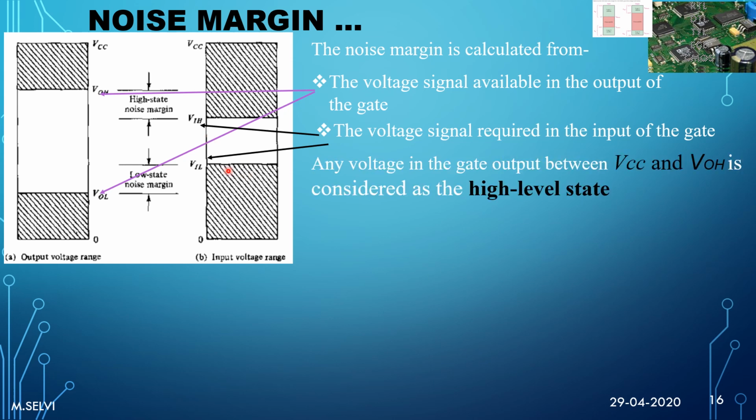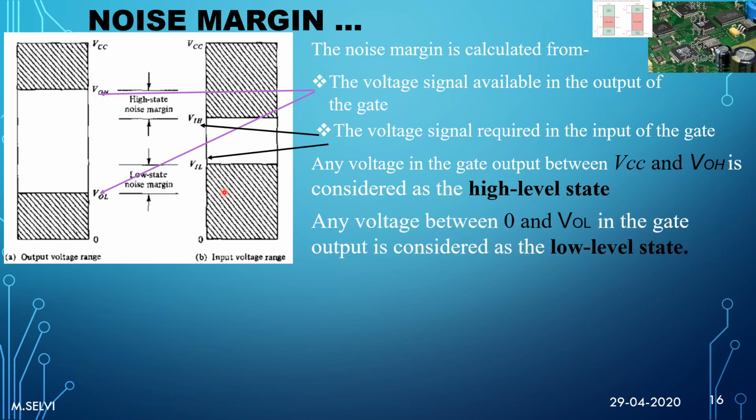Any voltage between VCC and VOH is considered a high level, and voltage between 0 and VOL is considered a low level output. Similarly, voltage between 0 and VIL is a low level input, and voltage between VIH and VCC is a high level input.